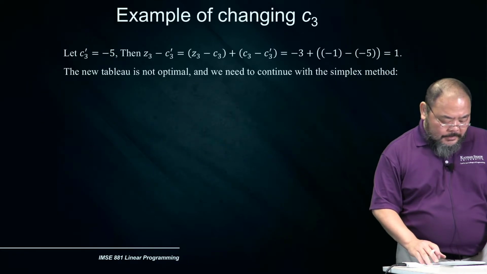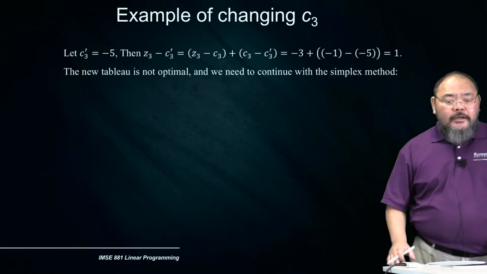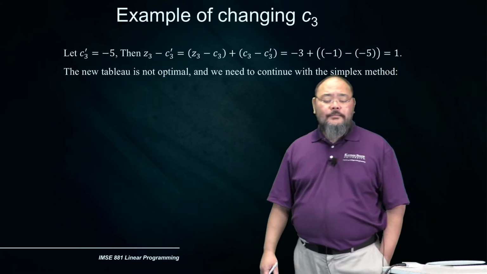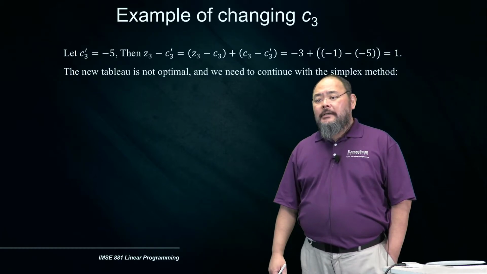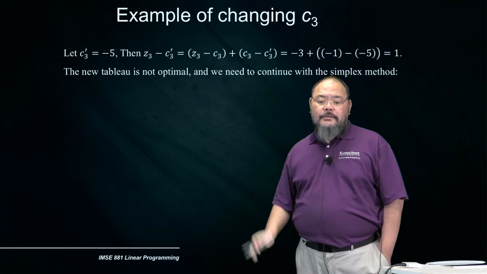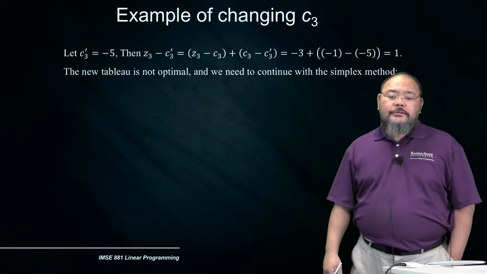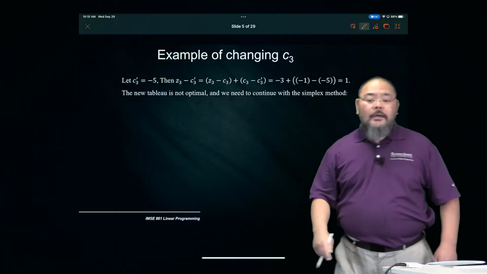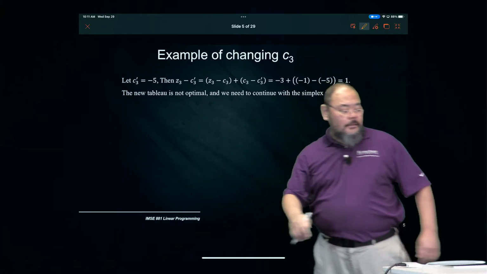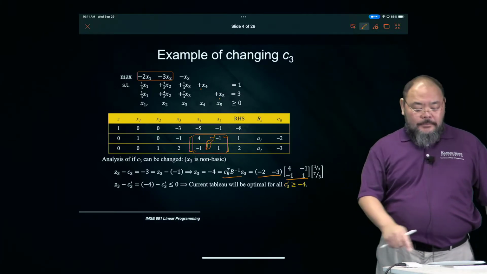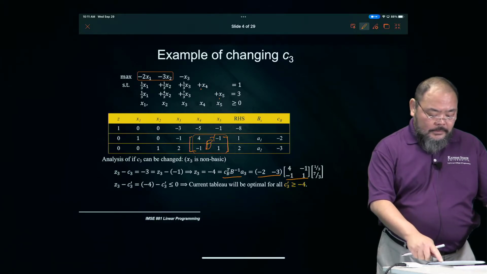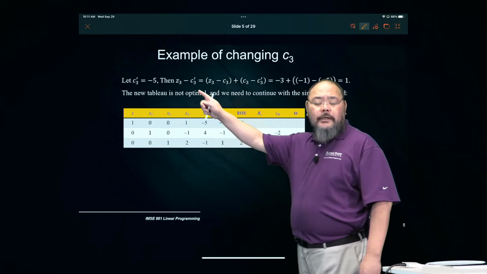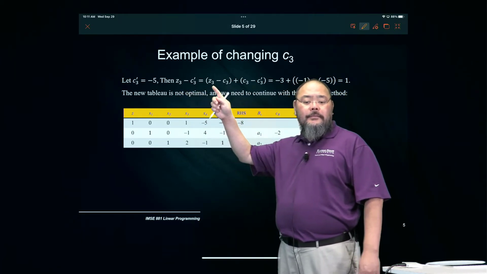All right, so what if C3 prime is equal to negative 5? It is out of the range, so we are going to recalculate Z3 minus C3.